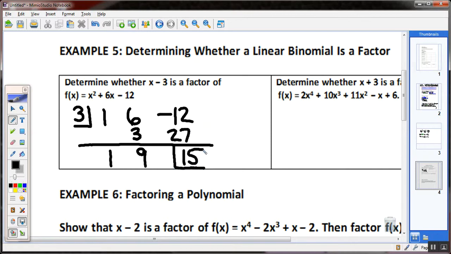Isn't negative 12 plus 27, 15? Is that remainder 0? Therefore, is x minus 3 a factor of x squared plus 6x minus 12? Absolutely not. x minus 3 is not a factor.